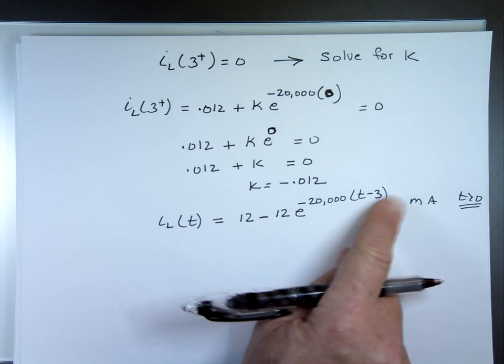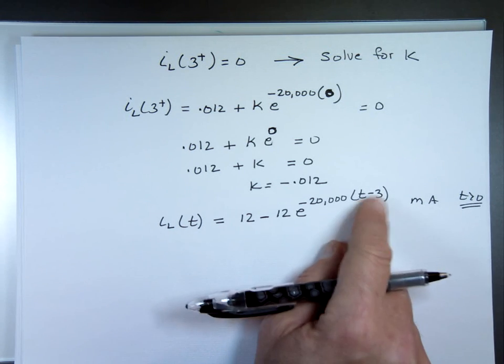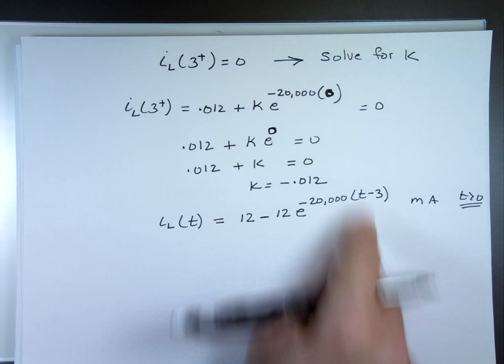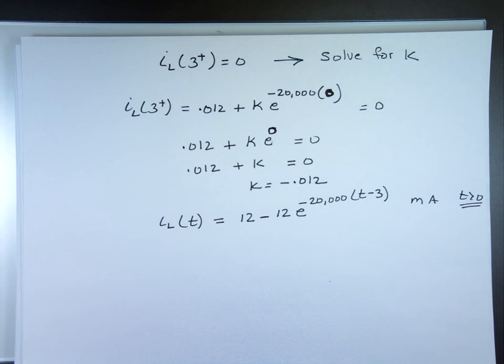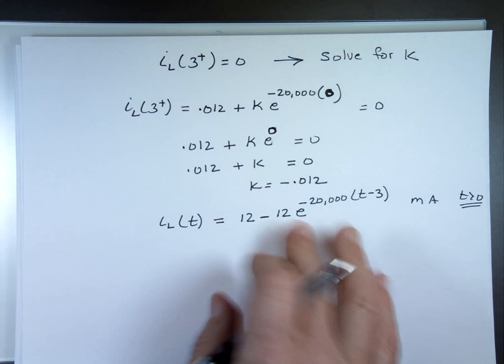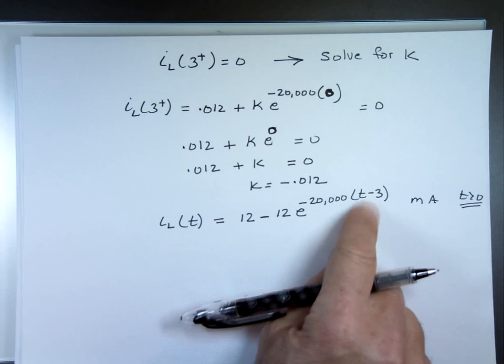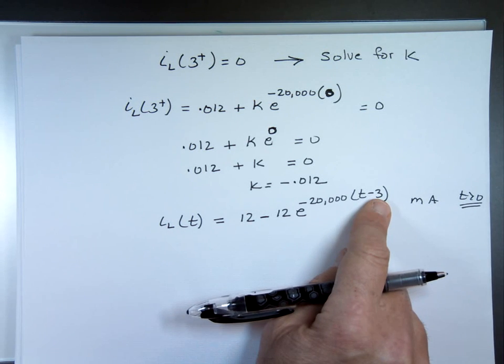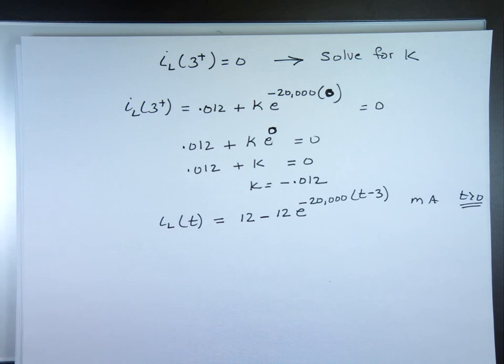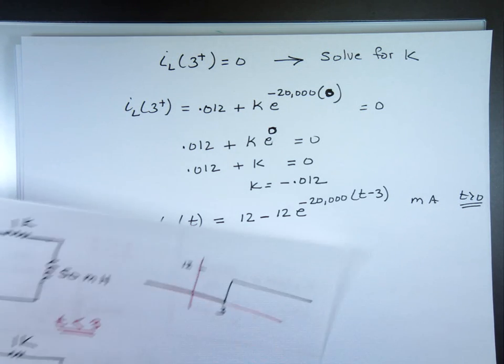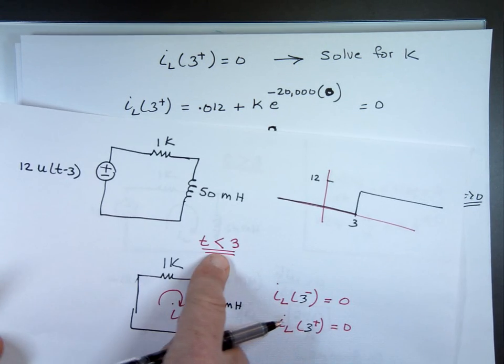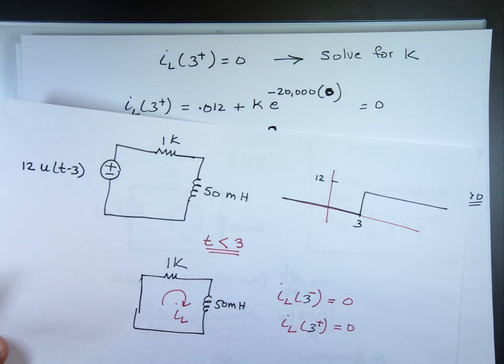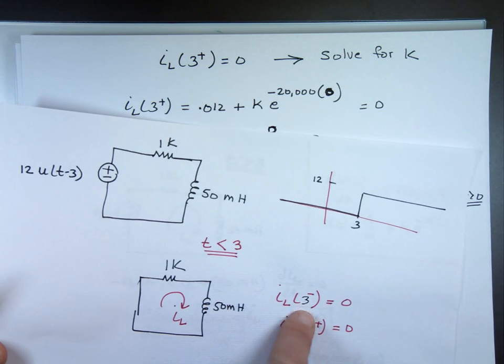When t equals 3, that's equivalent to 0. That's the switch. When the switch goes up, 3 minus 3 is 0. That's the 0 time there. So anytime that number is different than 0, we have to subtract that number. You don't see a lot of these where it's always 0, so that's why it's a habit. I didn't even think of the 3 until I realized I forgot to write a 3 here.